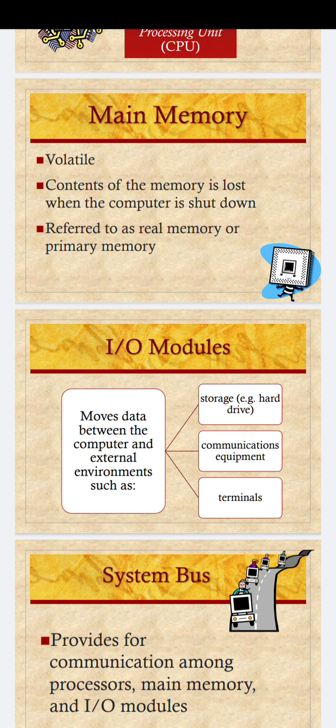We also have the input and output modules or devices. These include storage, like the hard drive, communication equipment, and terminals. They move data between the computer and the external environment, such as storage, communication equipment, and terminals.